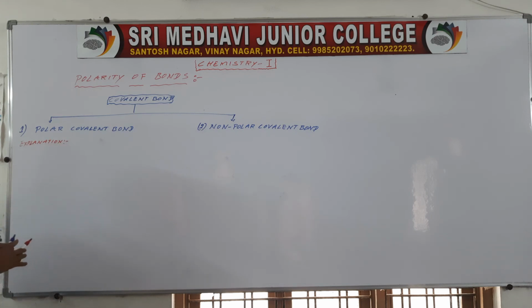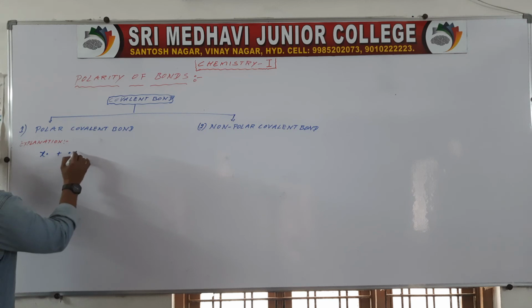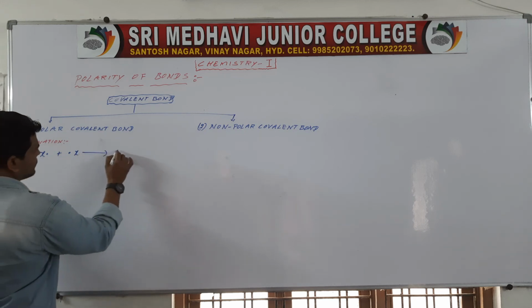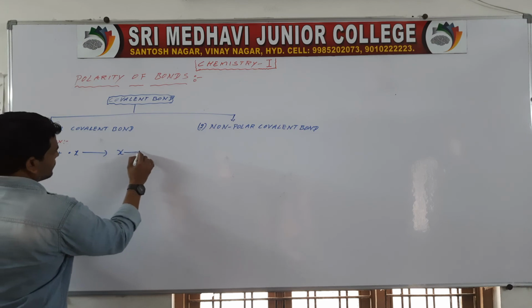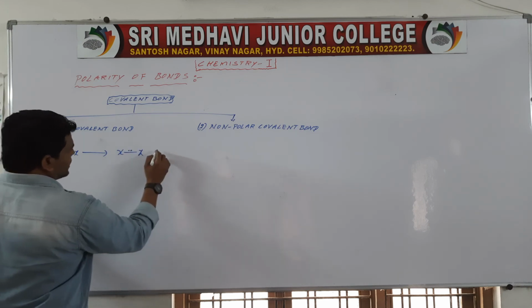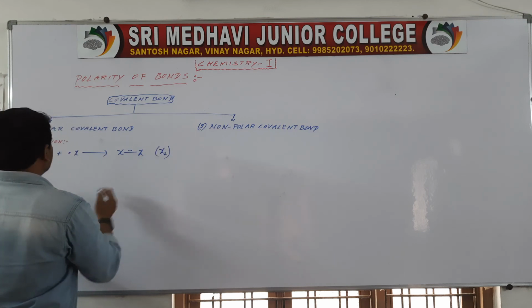Explanation. If you take X, an atom having one electron, and it reacts with the same atom having one electron, it gives rise to X-X bond, and sharing of electrons takes place. So an X2 molecule is formed.